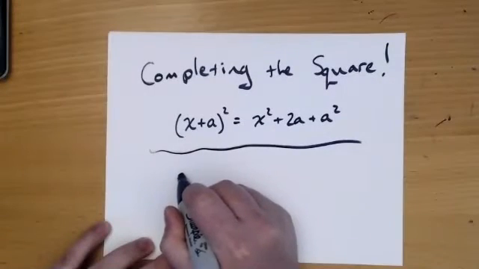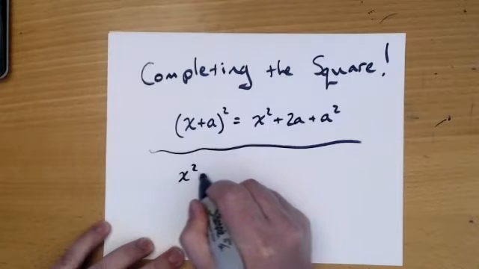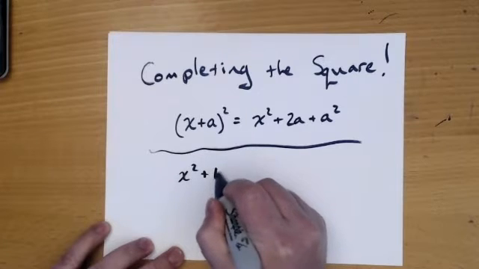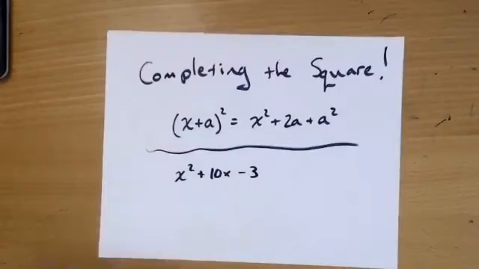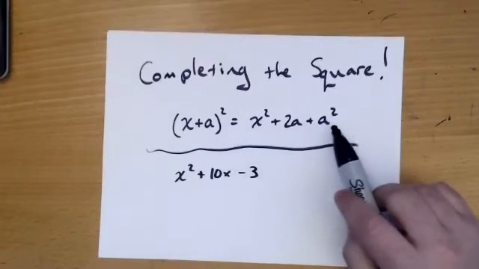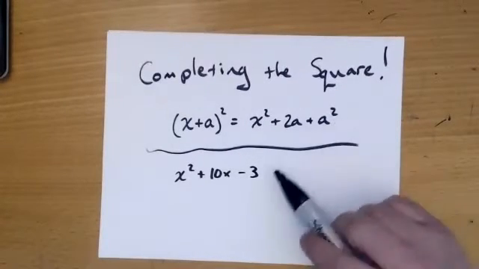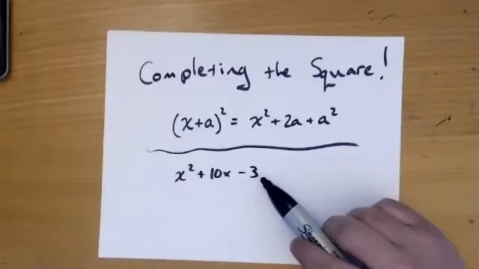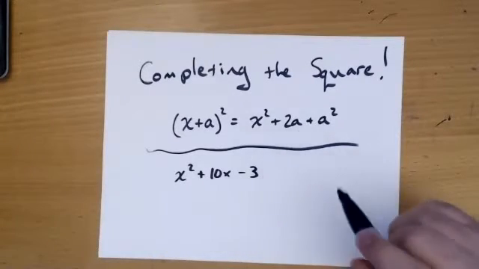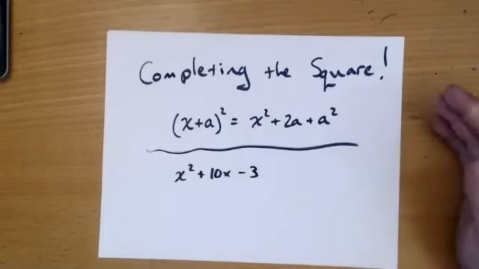So if I have x squared plus 10x minus 3. Okay, this is not a perfect square because, first of all, negative 3 is not a perfect square. So this isn't going to work for me. So here's the deal. I cheat.